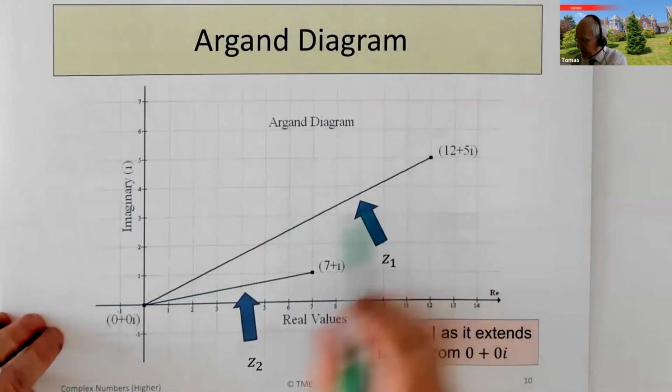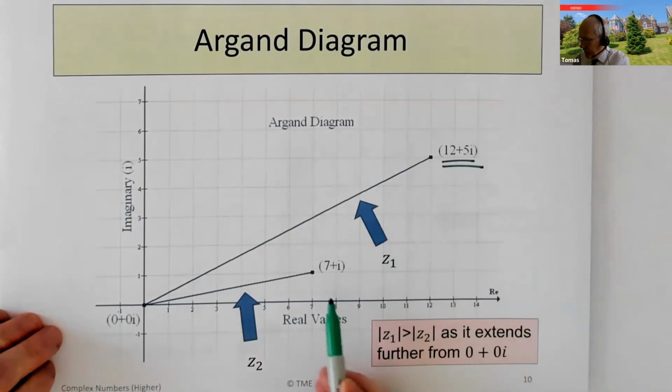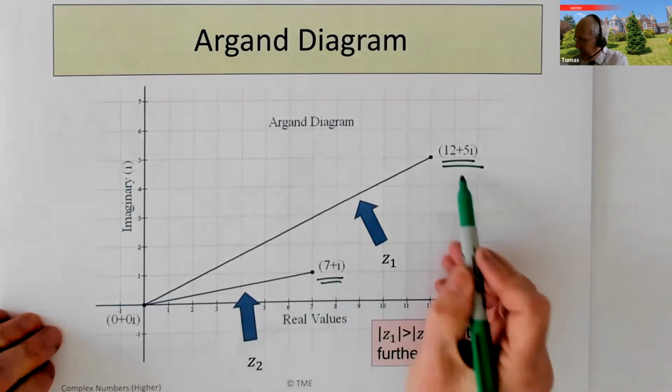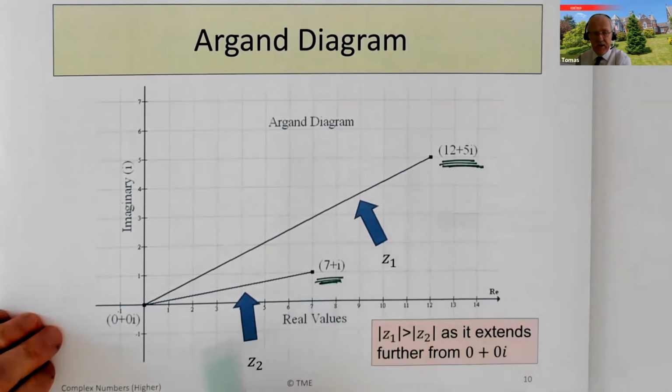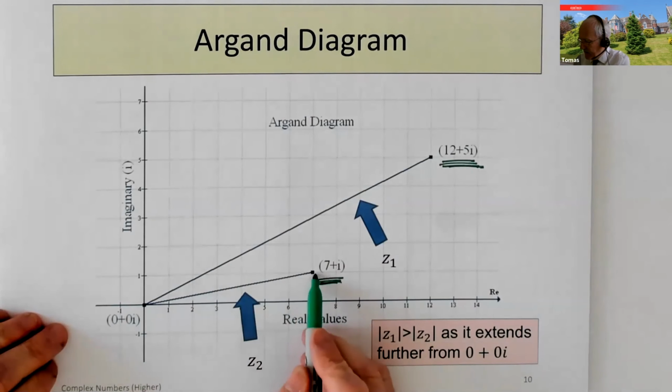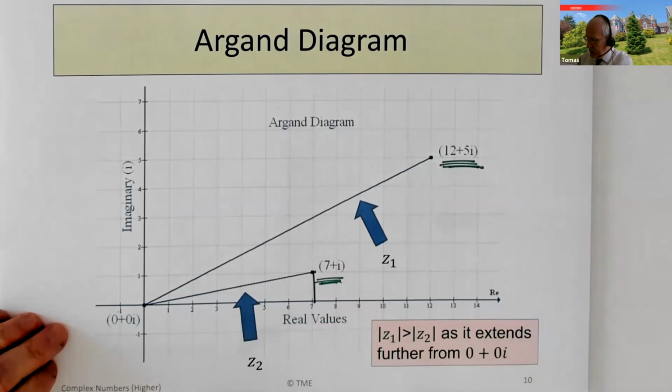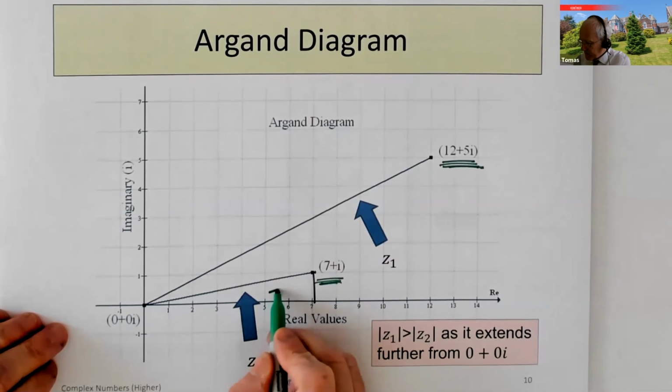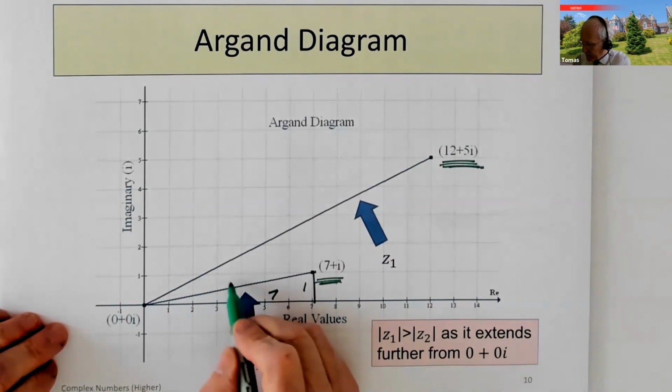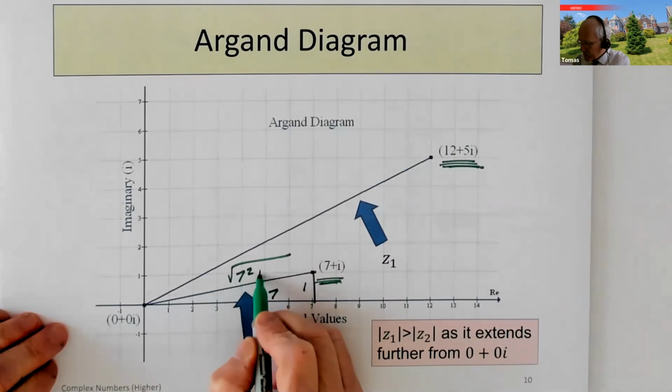Now the question is, is the length of this number here bigger than the length of this number here? Is it further from 0, 0, that is 0 plus 0i? So let's take the 7 plus i. The square root of this will be 7 squared plus 1 squared, which is the square root of 50, and the square root of 50 is just a little bit over 7.